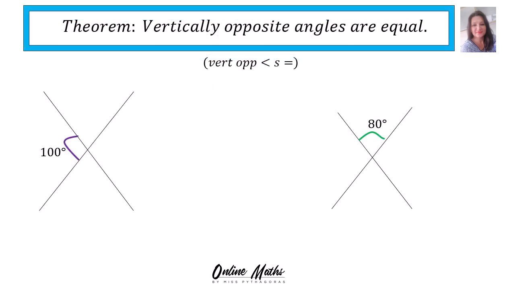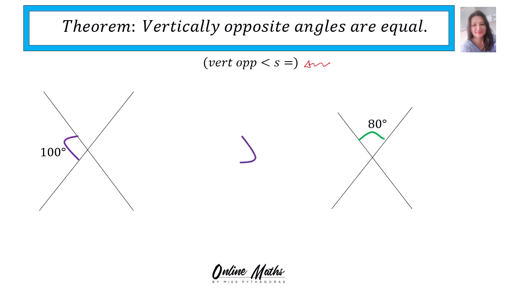Now there's also a theorem. Vertically opposite angles are equal. And the abbreviation that you may use in the exam is this, vert opp angles equal. And that means vertically opposite angles are equal. So when you go to the first sketch on the left hand side, you find an angle that's 100 degrees.